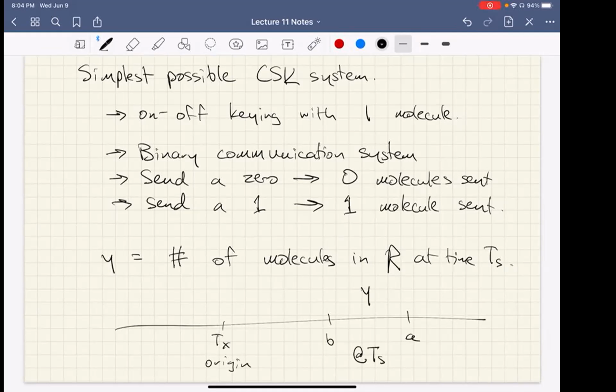There are different ways you could do this, but this particular way is relatively straightforward to analyze. I'm also going to call the transmitted bit X.